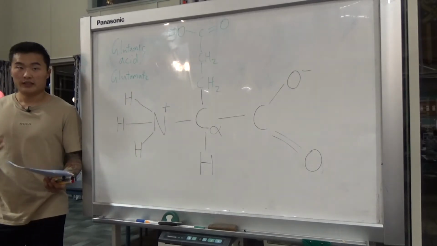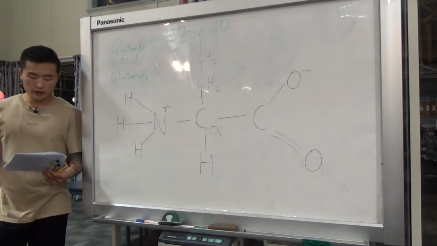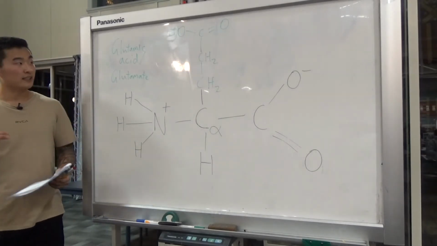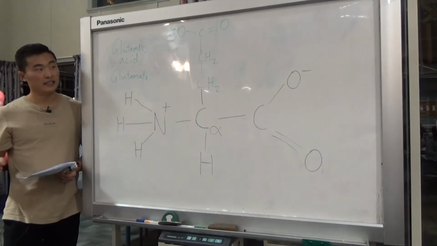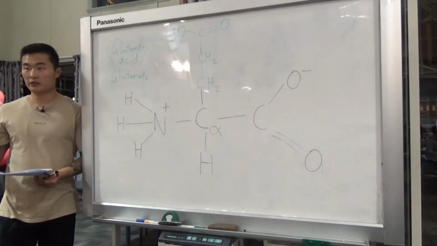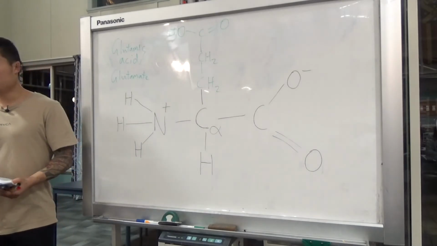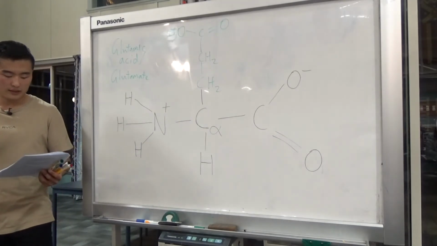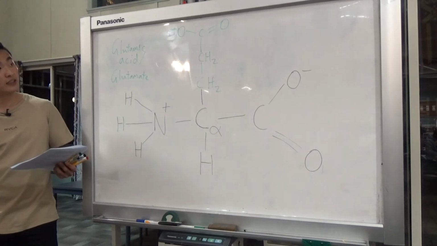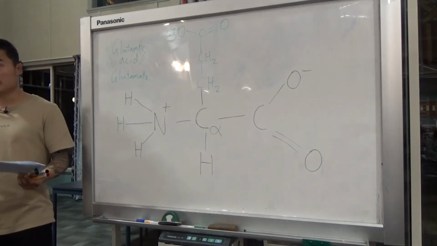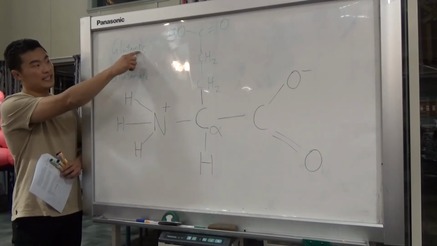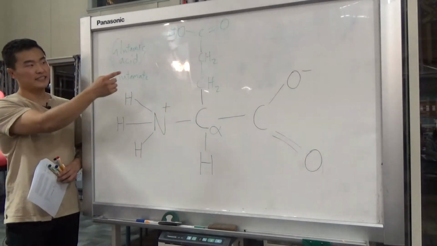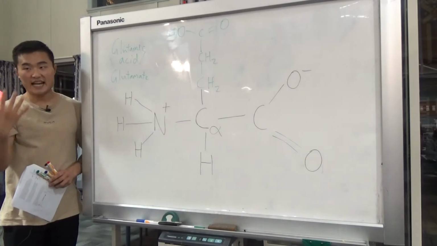The only two amino acids that end in ic acid or ate are the acidic ones. So that's how you can remember that these two are acidic, and they contain a carboxyl group. This one ends in ic acid because it's a carboxylic acid.